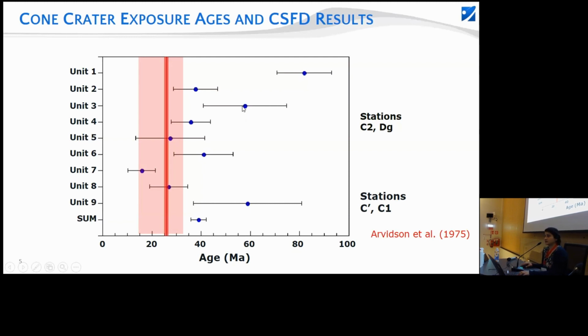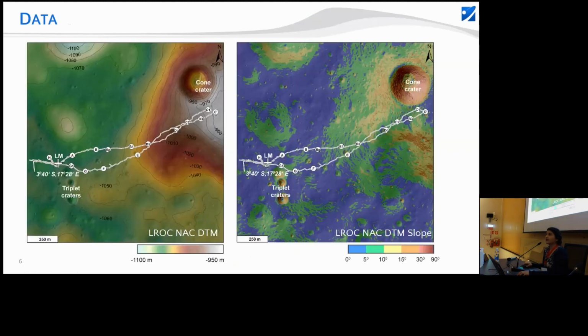Another thing I want to mention is that he did this when the LRO mission was new and there was only a little NAC data available at that time, and he did all the counts on this data. Now we have a lot more data than before.